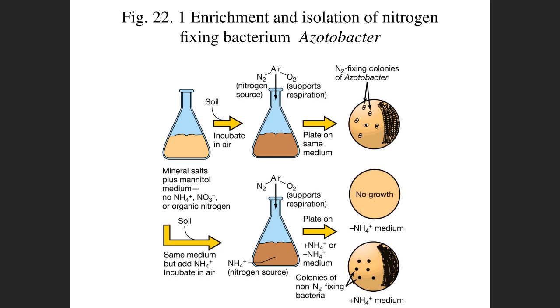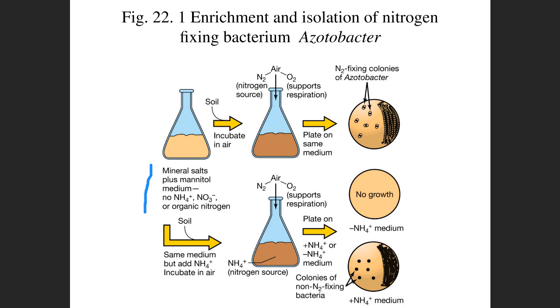So now you start from the solution, and you need to be careful with reading here. You put together a nutrient solution with salt and mannitol. Mannitol is a sugar to provide a carbon source, but you do not provide nitrogen, either in inorganic or organic form, right?